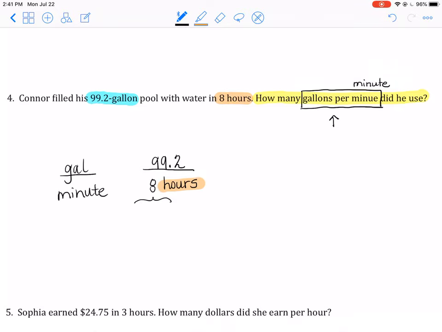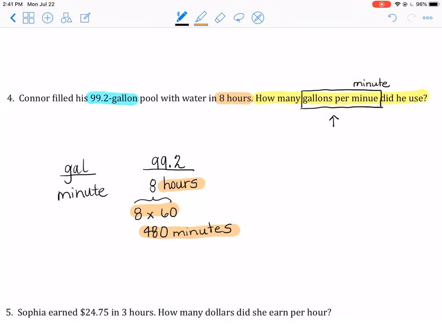So we're going to say 8 times how many minutes are in an hour. And that answer, use your calculator, is 480 minutes. Okay, so we have to be really careful there that we're getting that in terms of minutes.